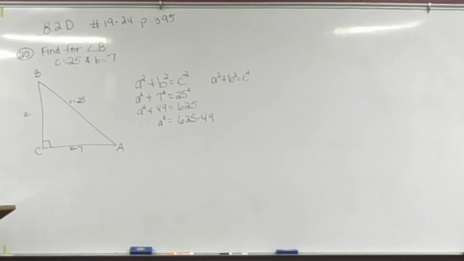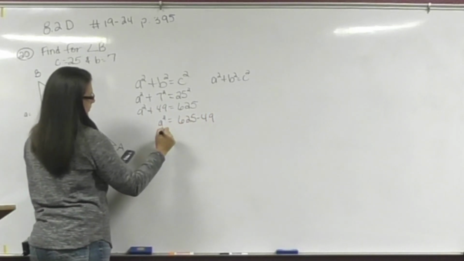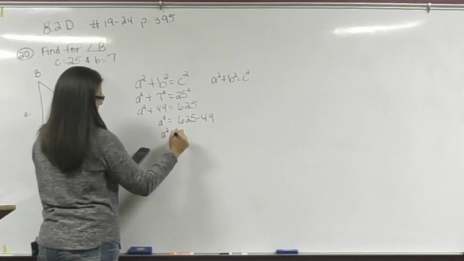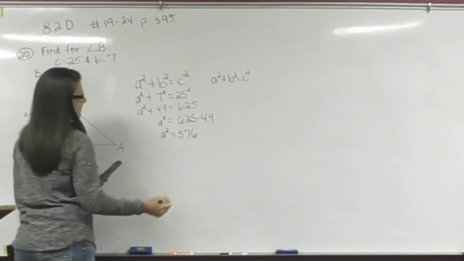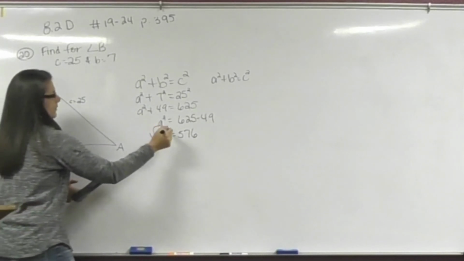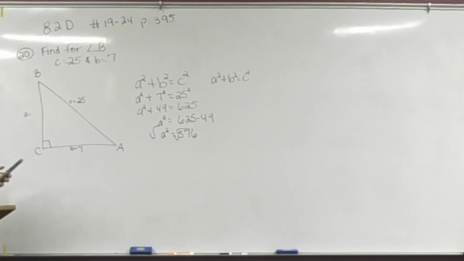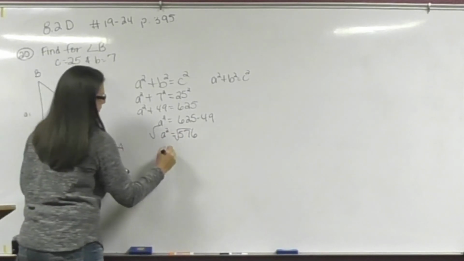So I take that positive 49, I move it over, and it becomes negative. That gives me 576. But I don't need to know what A squared is, I need to know what A is, so I take the square root. On your calculator, you can just hit square root of your answer. That's 24.